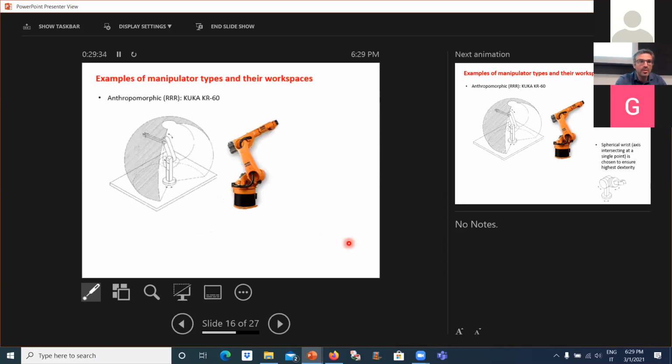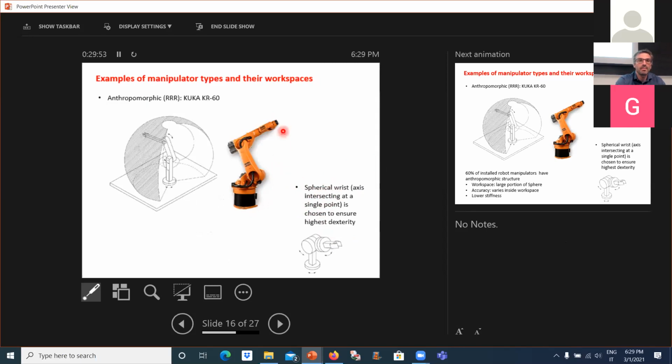Then we have the anthropomorphic manipulator that has this workspace. In general, a 3 degrees of freedom anthropomorphic manipulator is equipped with a spherical wrist.